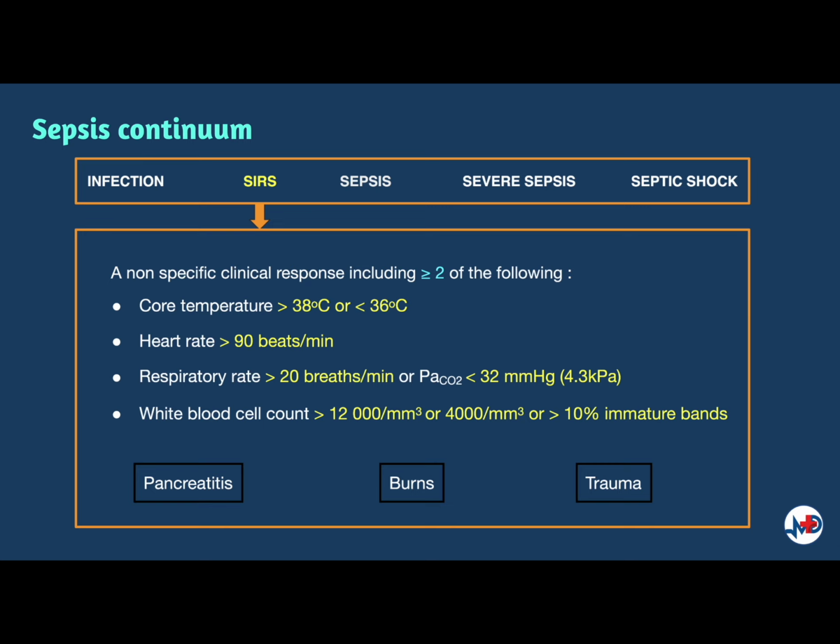SIRS is defined as a non-specific clinical response which includes two or more of the following criteria: a core temperature of more than 38 degrees or less than 36 degrees Celsius, heart rate more than 90 beats per minute, a respiratory rate more than 20 breaths per minute, or a partial pressure of carbon dioxide of less than 32 millimeters of mercury, white cell count of more than 12,000 cells per cubic millimeter or less than 4,000 cells per cubic millimeter. Besides infection, pancreatitis, burns and trauma and other insults can also lead to SIRS.